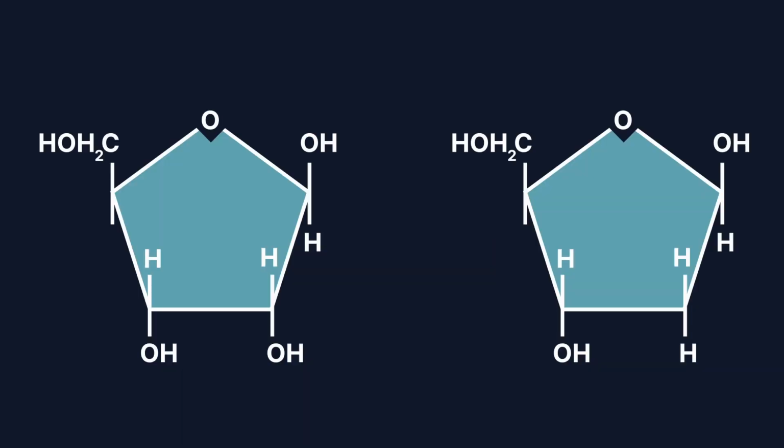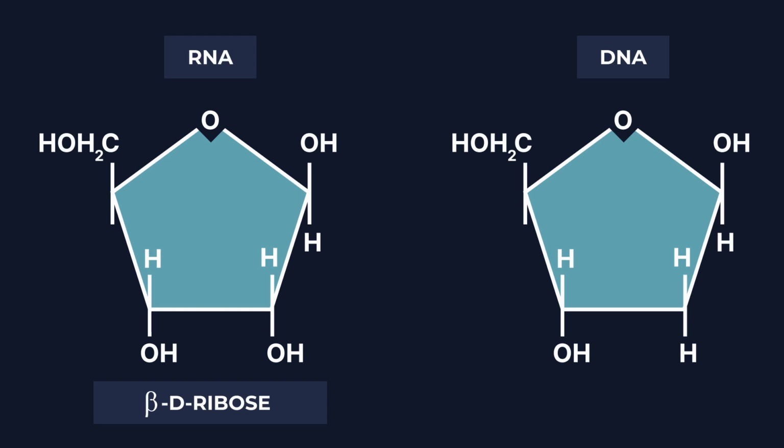On the left side we have an RNA pentose sugar, and on the right side we have a DNA pentose sugar. The sugar moiety of RNA is beta-D-ribose, and the sugar moiety of DNA is beta-D-2-deoxyribose. Why is the sugar moiety of RNA beta-D-ribose, and why is the sugar moiety of DNA beta-D-2-deoxyribose?